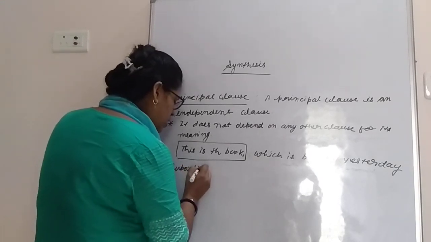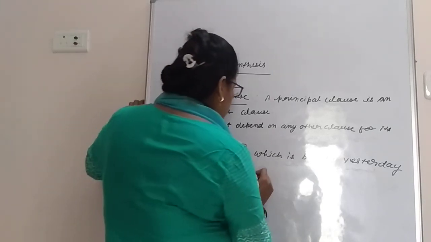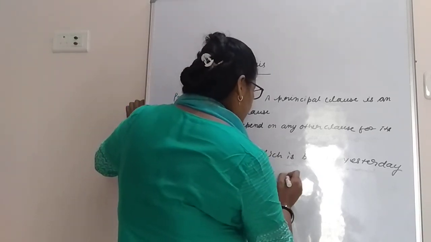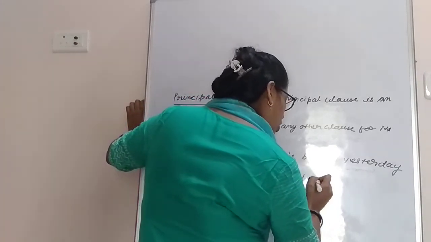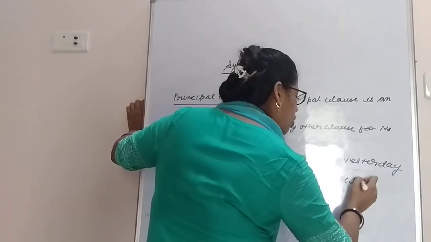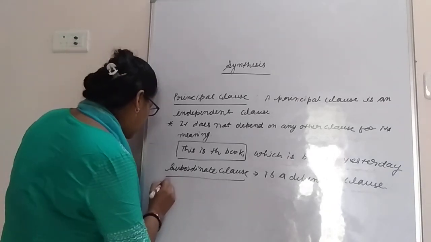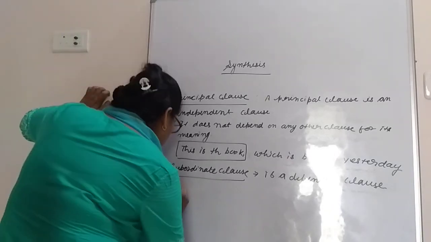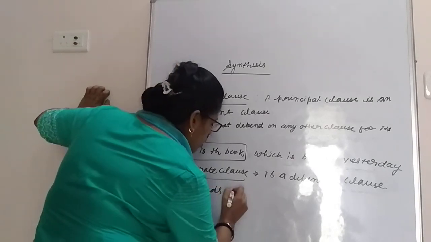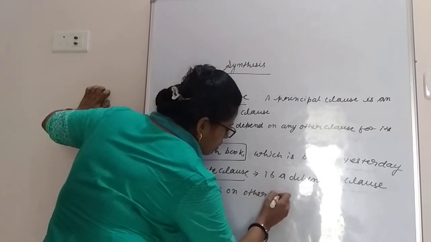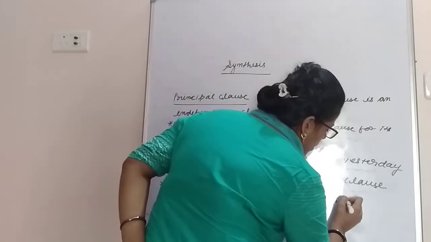Now, second one is what? Subordinate clause. Subordinate clause means what? Subordinate clause is a dependent clause. Okay. Why is it known as a dependent clause? Because it depends on other clause for its meaning.